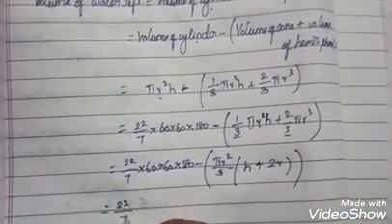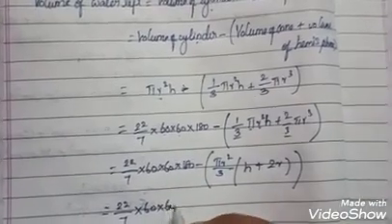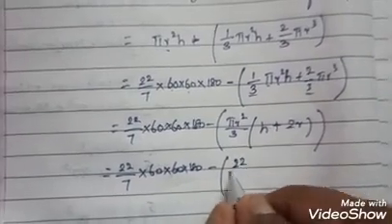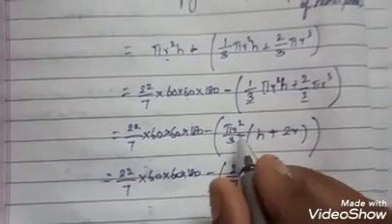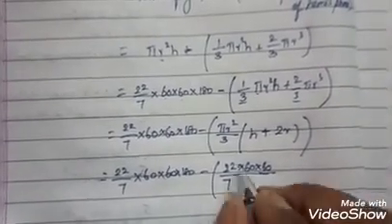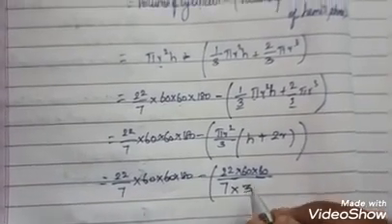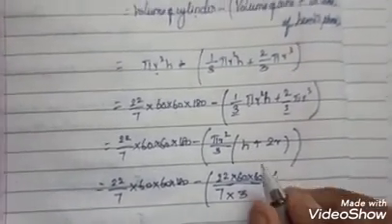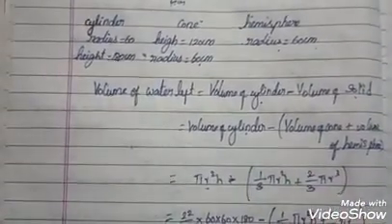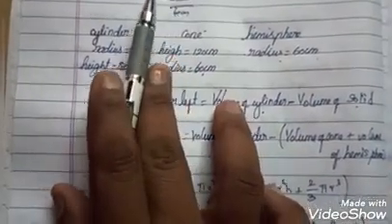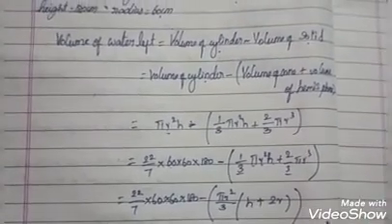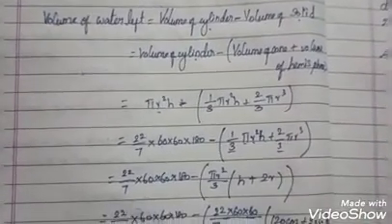So 22 by 7 into 60 into 180 minus 22 by 7 into r square, which is the same, 60 into 60, divided by 3. The height of the cone is 120 centimeter, plus 2 into 60.